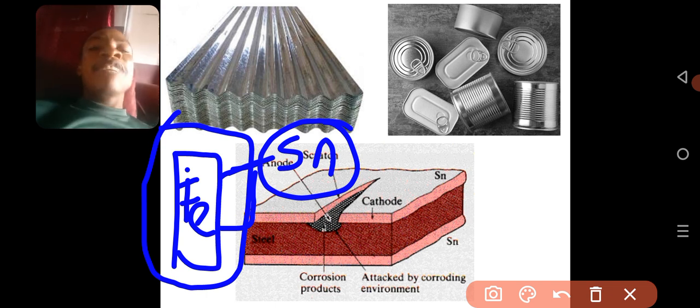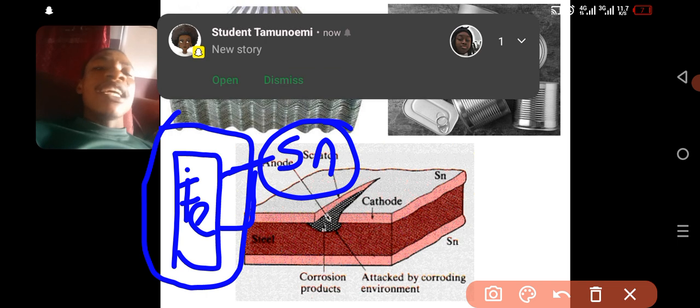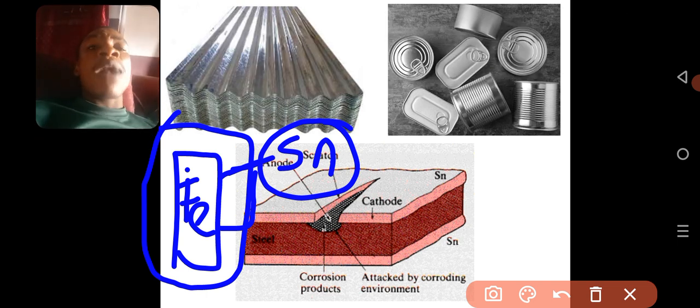So in this kind of arrangement, the thing that we are not intending to protect is the one that will get protected because it's lower than iron. So in this case, iron will be corroding very fast, in fact faster than it's supposed to, because of the presence of tin. So the iron is not well protected in a tin plated arrangement because once there is a scratch, the tin becomes the cathode, being lower than iron, and the iron becomes the anode, being higher than tin in the electrochemical cell.